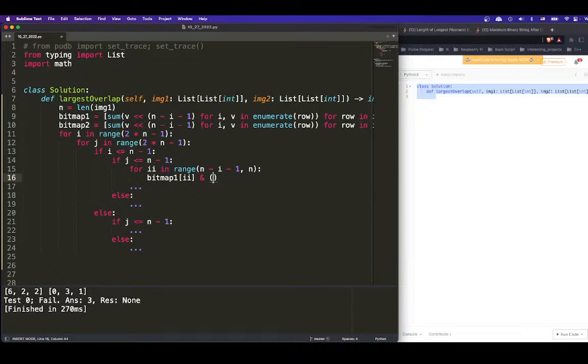Because if we're doing, let's say this, the mask is going to be, how do you know how much is involved? The number involved is j, right? The j is involved. And then we're going to say 1 left shift j.